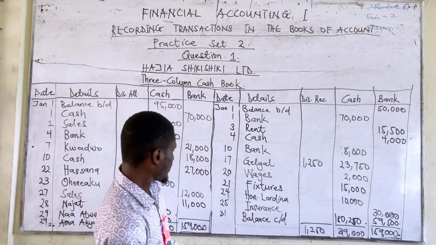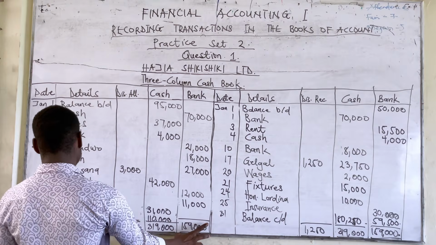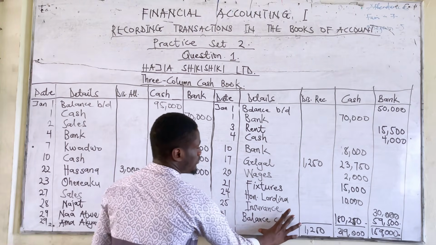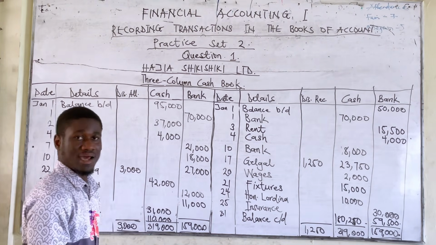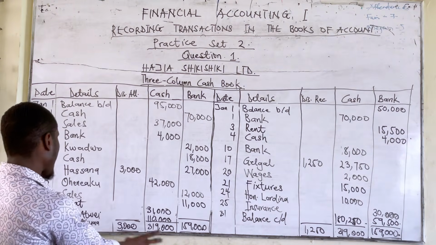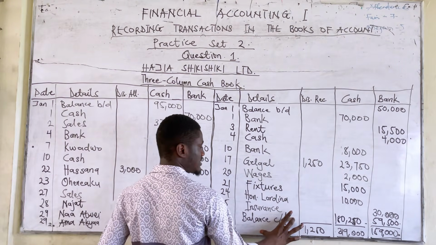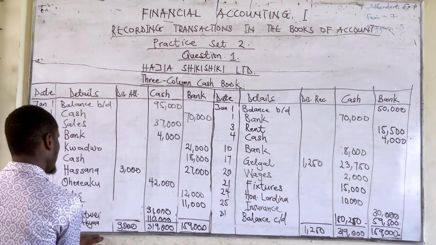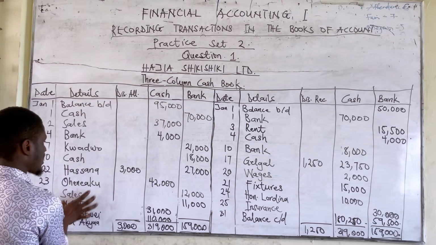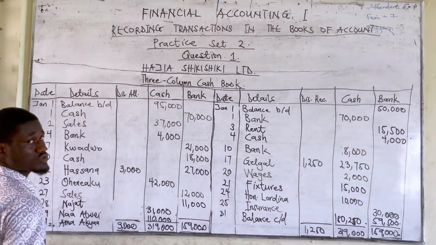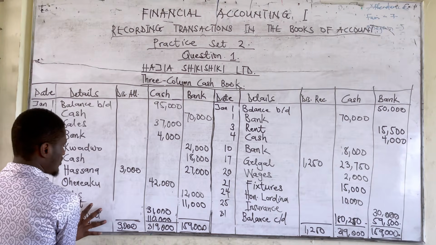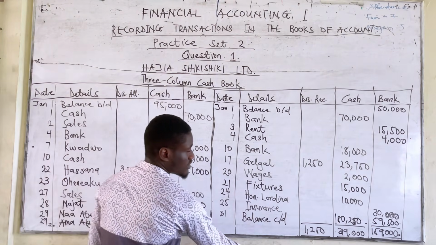Good. So if there was space, I would bring this one forward as balance B at this side, because when the balance B is here, we bring it forward here. When we calculated and it happened to be that the balance CD was here, we will bring it forward to the credit side.